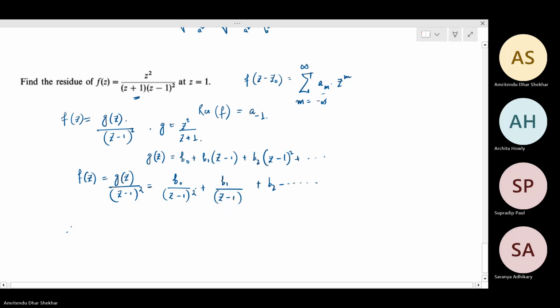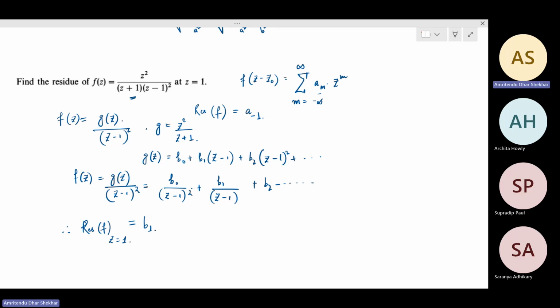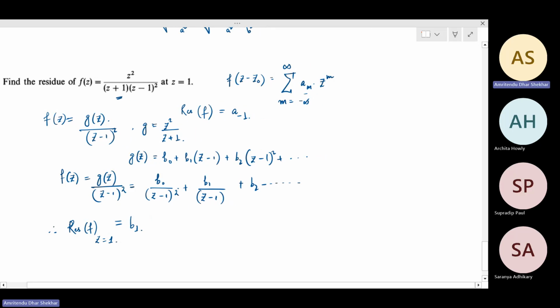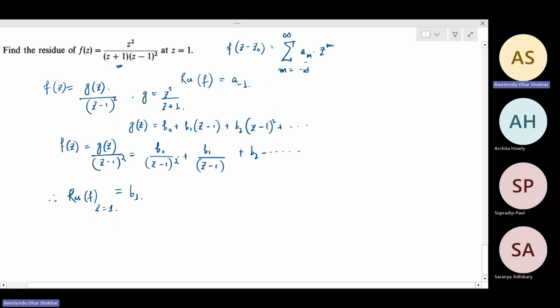Therefore, the residue of f at z equals 1 is going to be equal to b1. So all it suffices for us is to compute b1. We need to do an analytic expansion around z equals 1 for this function g.